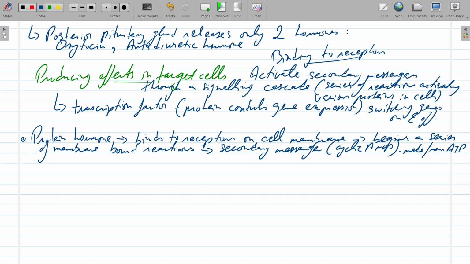And then the secondary messenger, the cyclic AMP, also written as a lowercase c and then AMP, activates various enzymes in the cell. Again, the continuation of the signaling cascade. And that affects the metabolism of the cell somehow.